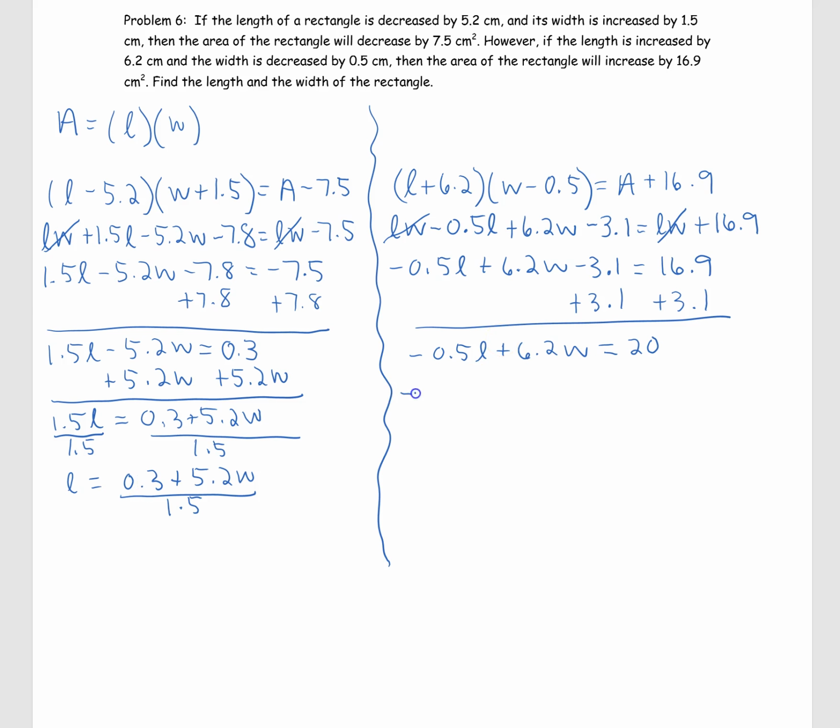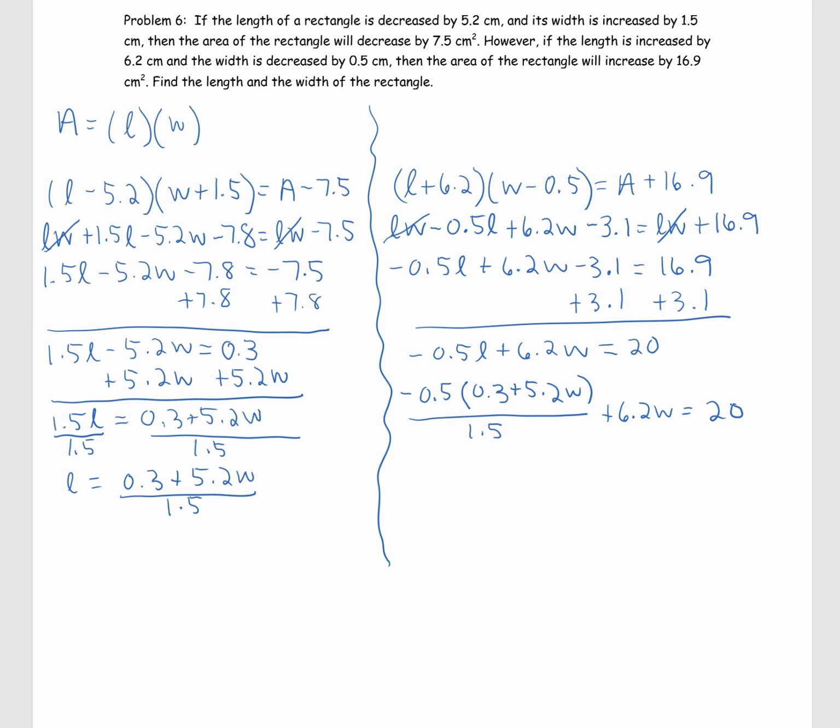So this is going to give me negative 0.5 times 0.3 plus 5.2 W all over 1.5. And since I'm multiplying this, it's okay to just put it on the top of my fraction. And still have this plus 6.2 W here, and that equals 20.